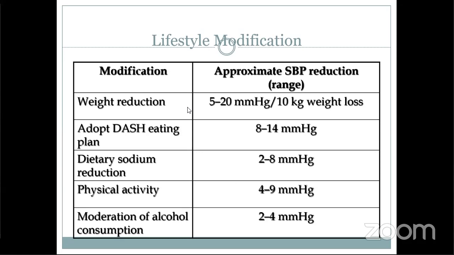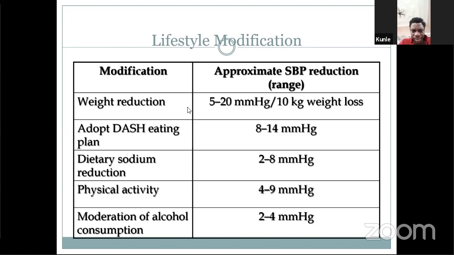DASH diet means dietary approach to stop hypertension. So with a 10 kg weight loss, you can reduce your blood pressure by that much.